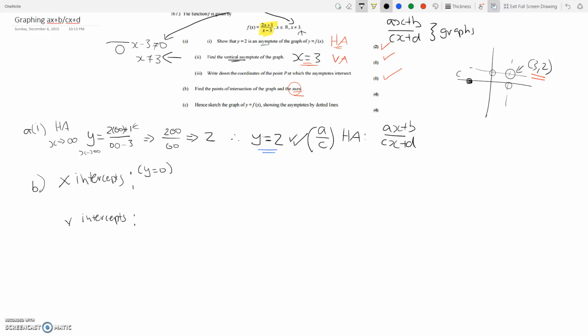So we have to find what x is. We know that the function is y equals 2x plus 1 over x minus 3. So when y equals 0, 0 equals 2x plus 1 over x minus 3, and in this case 2x plus 1 equals 0, 2x equals minus 1.